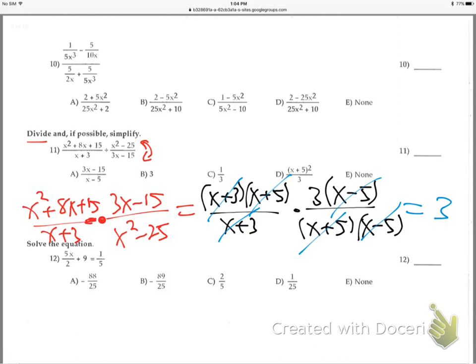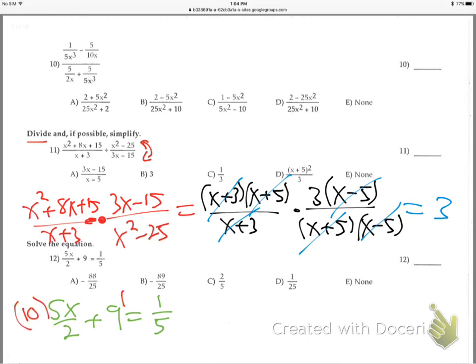When you get to those last ones, which are hard. 5x plus 2 plus 9 is 1/5. What do we do to solve number 12? What do you do when you got fractions with an equal sign? LCD. That's like every problem almost, right? LCD, LCD. So what's the LCD? 9's not under a bar. 5 and 2 are 10, right? 10's the LCD.